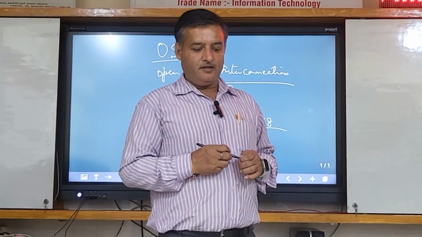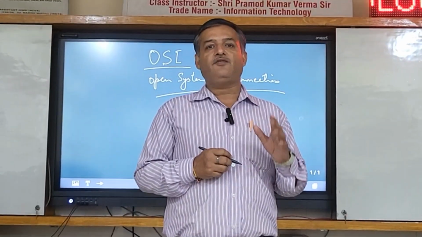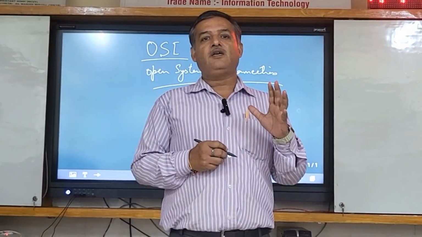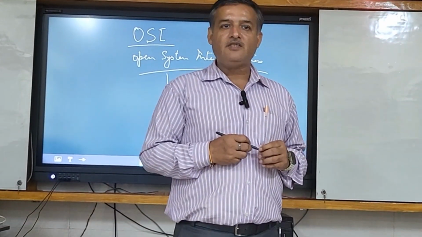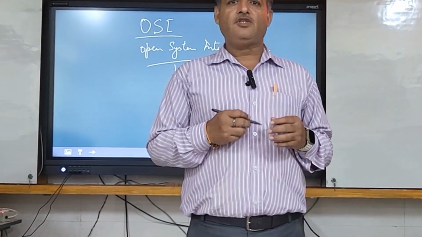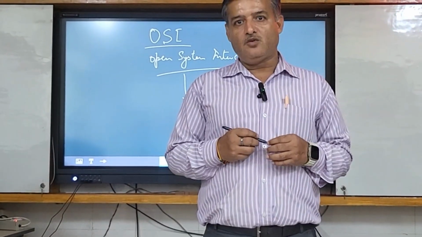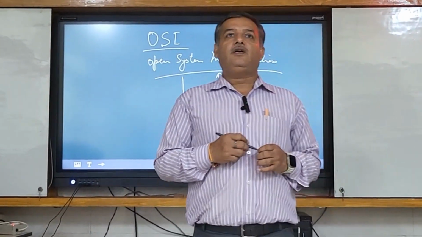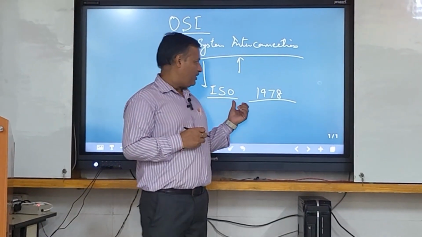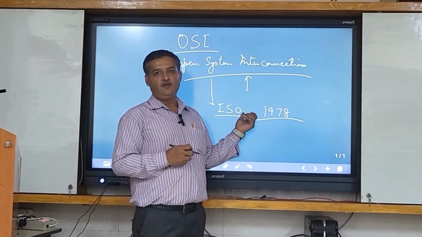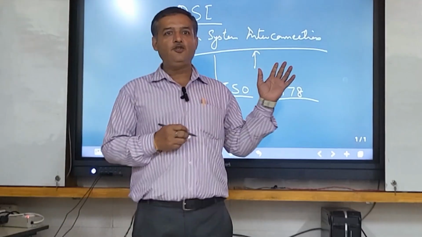It should also be underlined that this reference model was not completely accepted. There were some changes, and why those changes were made, we will discuss. But that does not mean that if some modification was made to the OSI model, it is useless.